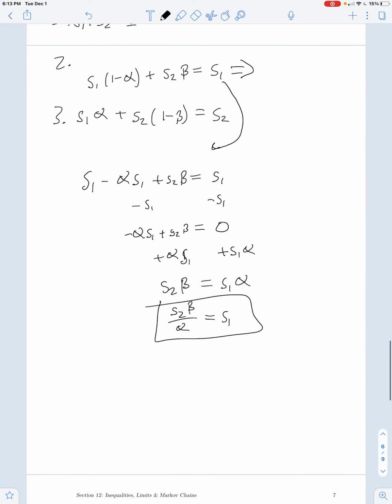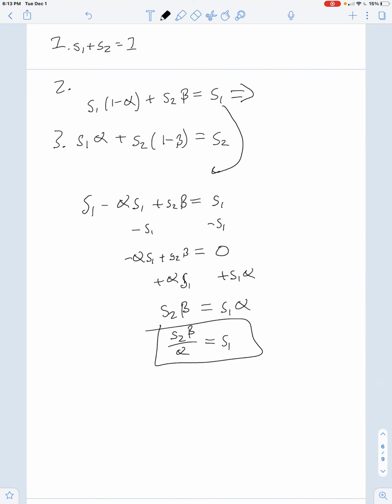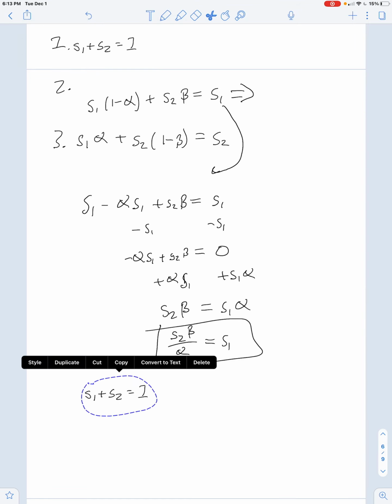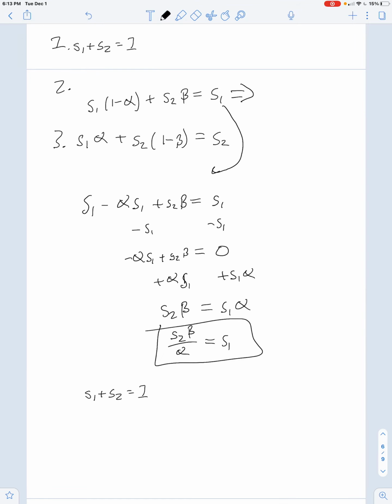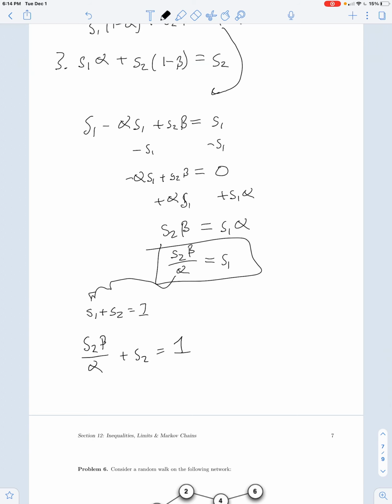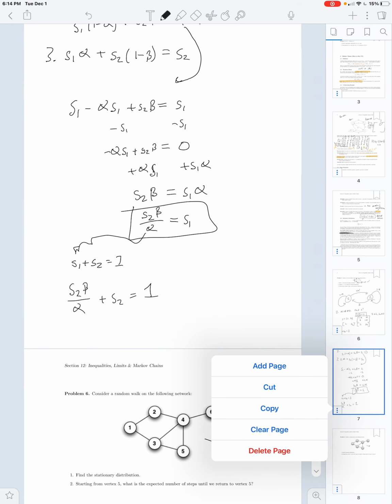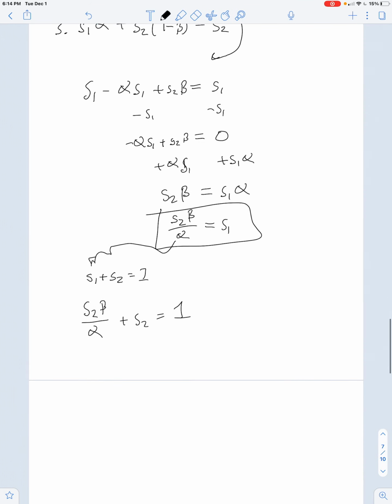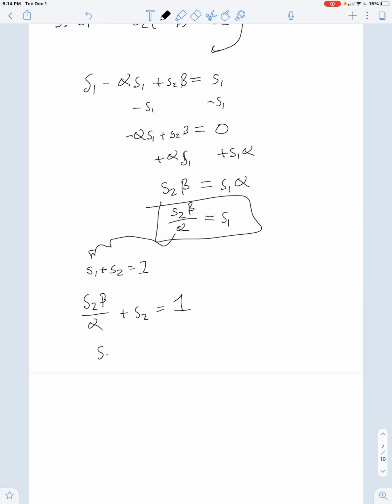Okay, great. Now I'm going to plug this back into equation 1. So I know that this is true, but I also have an equation for S1 in terms of S2, so I'm going to plug that in here. So this is actually S2 beta over alpha plus S2 is equal to 1. Now I have an equation where the only unknown is S2, and I can solve.